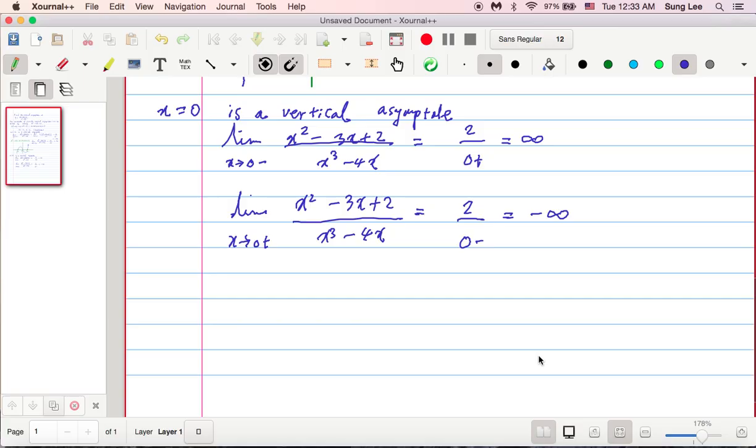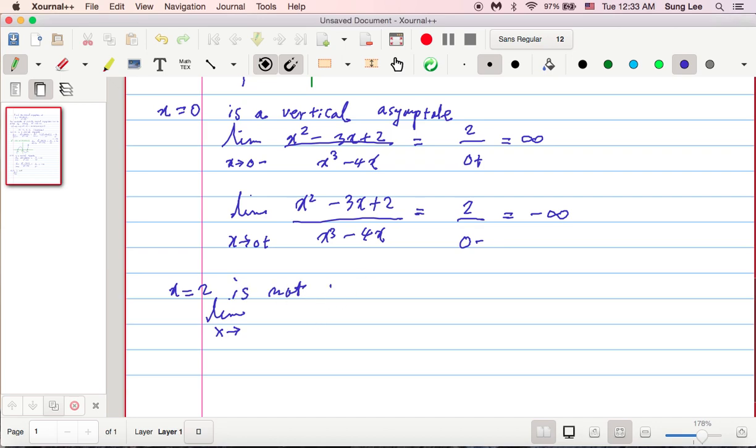Now lastly, we are going to examine x equals 2. Okay, so limit x approaches, actually what happens is that this is not going to be. So actually it's not. Let me give you a heads up.